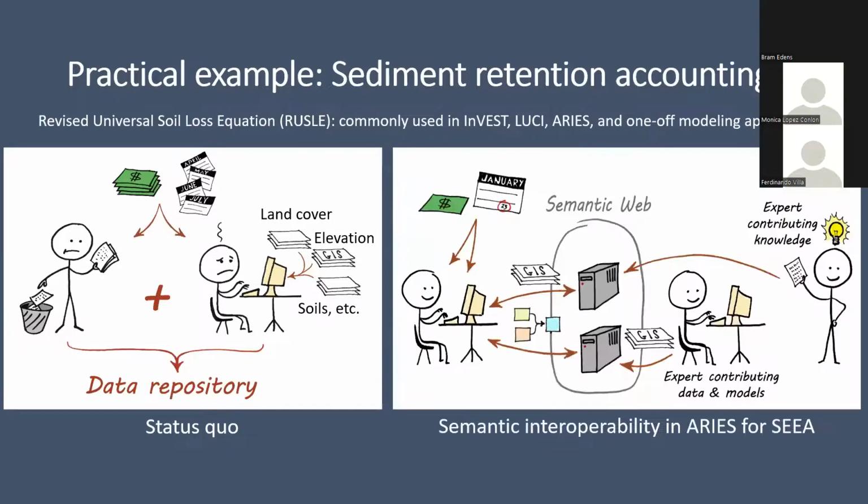What we envision with ARIES for SEEA, and what we've been working toward providing the infrastructure for, is that experts, instead of just publishing their data or putting their code or their data into a repository where it just sits for years and years, are contributing their knowledge in a way that it sits on the web and can be automatically ingested by a computer.